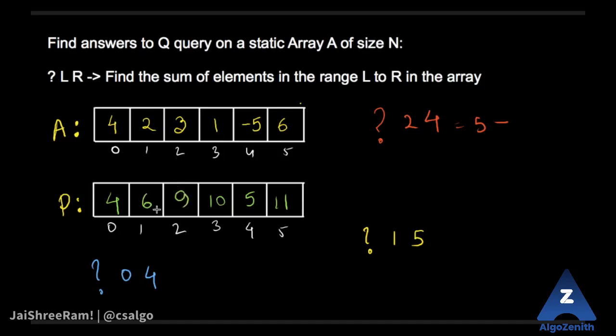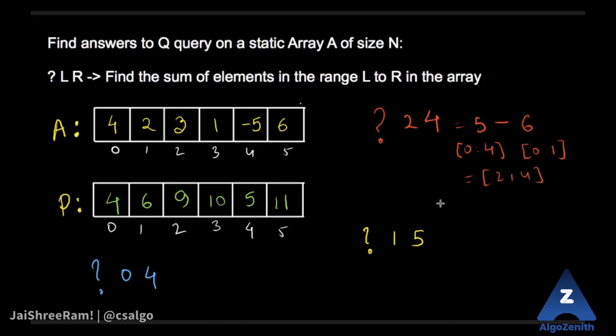So if we look at index 1, it removes the contribution of all the elements from 0 to 1, so you are left with only 2 to 4. So this 5 is the sum of elements from 0 to 4, and then you subtract this value at 1, that is 6, and that is like the sum of elements from 0 to 1. So you basically remain with the range 2 to 4.